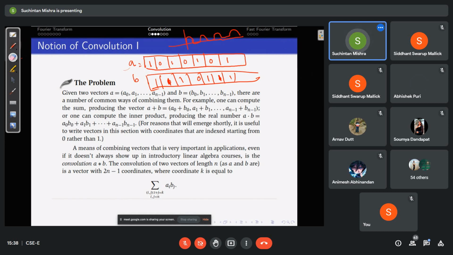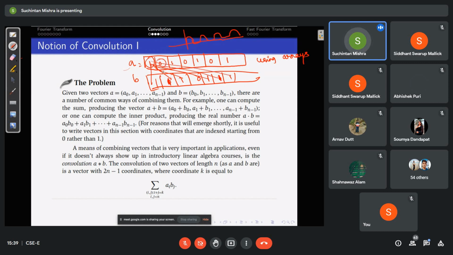But nevertheless, we can represent it from our point of view using arrays. So now our problem has been broken down from the concept of signals into multiplication of two arrays. If you take the first element, multiply it with every other element.